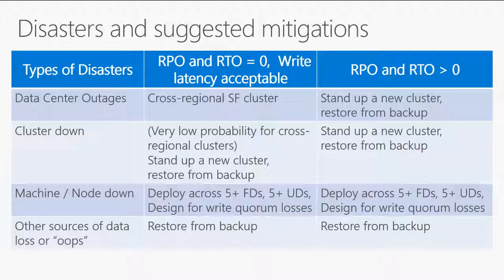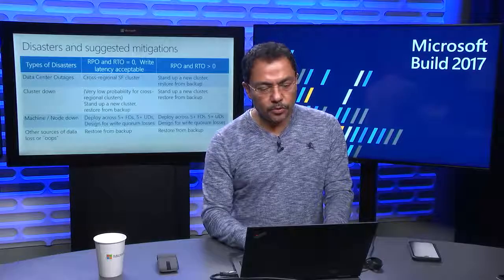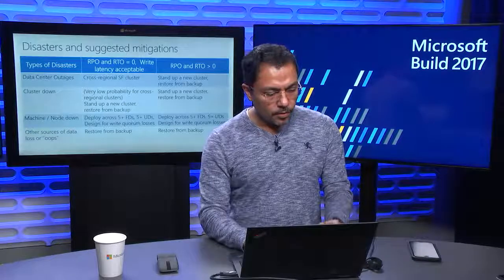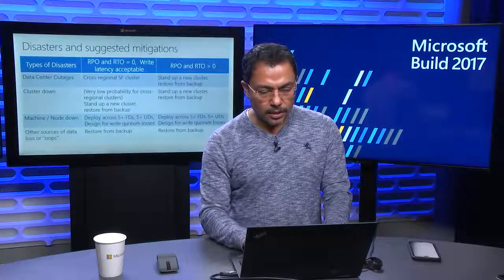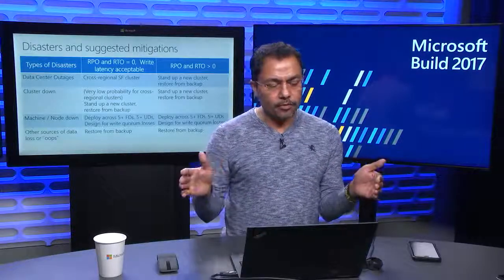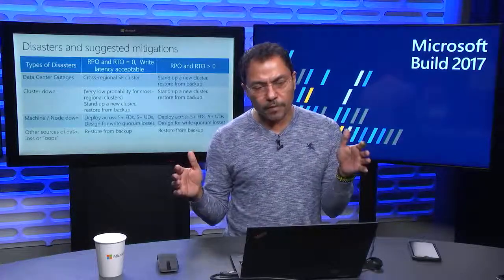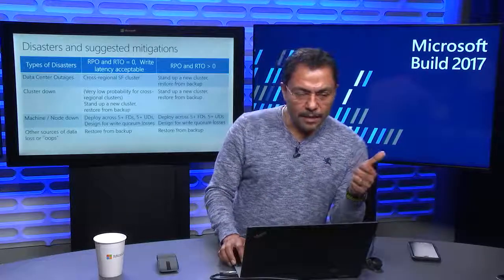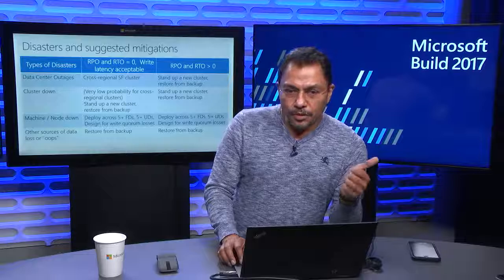If the cluster goes down for some reason, the same thing happens: you stand up a new cluster and restore from backup. The rest of the two things I've already talked about. So hopefully that gives you a framework for how to think about your business continuity plan and how to plan for it. And no plan is good unless you exercise it.